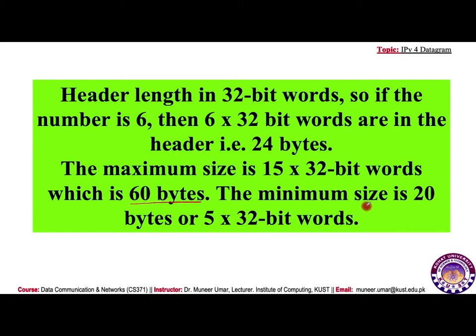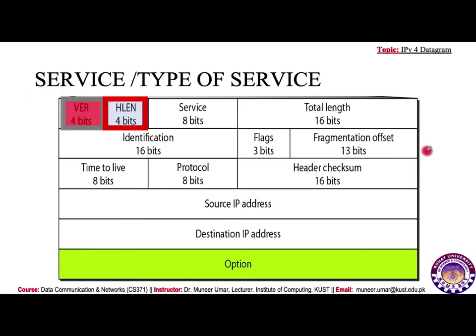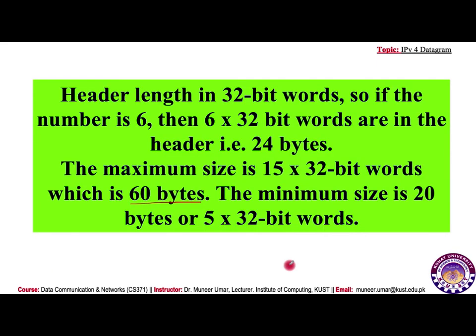And the minimum size is 20 bytes or 5 times 32 bits. So here we have a minimum size of 20 bytes and a maximum size of 60 bytes. If we include options, then we may have some additional words and that would lead up to 60 bytes.